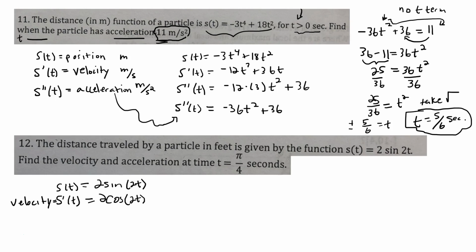Leave the inside alone, then multiply by the derivative of the inside. That's the chain rule. Multiply by 2t's derivative, which is 2. Now we have a 4 times the cosine of 2t, and we want to put that together first before going to the next level and finding the acceleration, which would be the second derivative.